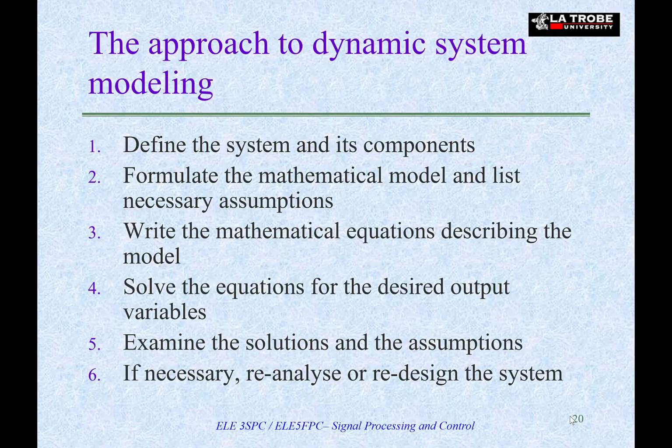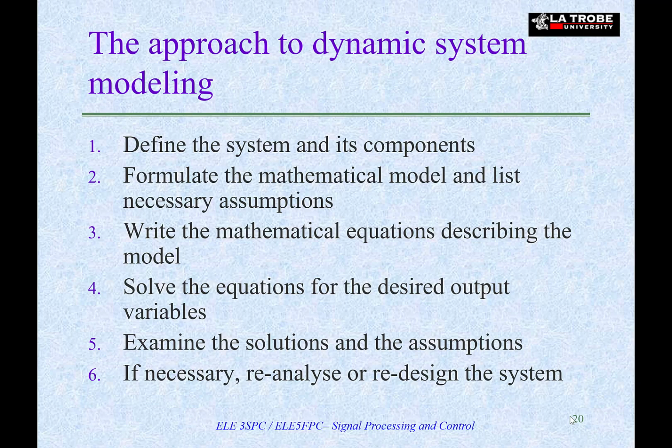On this slide, you will see a step-by-step approach to dynamic system modeling. The first step is to define the system under investigation and define the components associated with the system that we study. Then we need to formulate the mathematical model and list necessary assumptions.